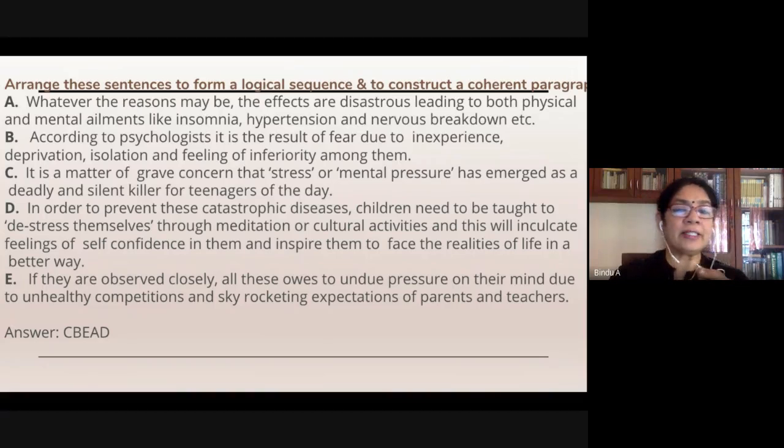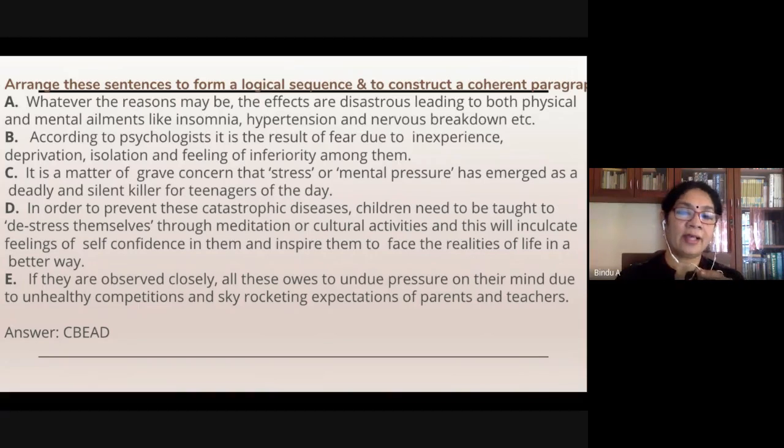In order to prevent these catastrophic diseases, children need to be taught to de-stress themselves. So, in order to read that sentence fully, underline that, that is a very specific linking phrase. You know that you cannot have that as the first sentence of a paragraph. If they are observed closely, all these owes to undue pressure.